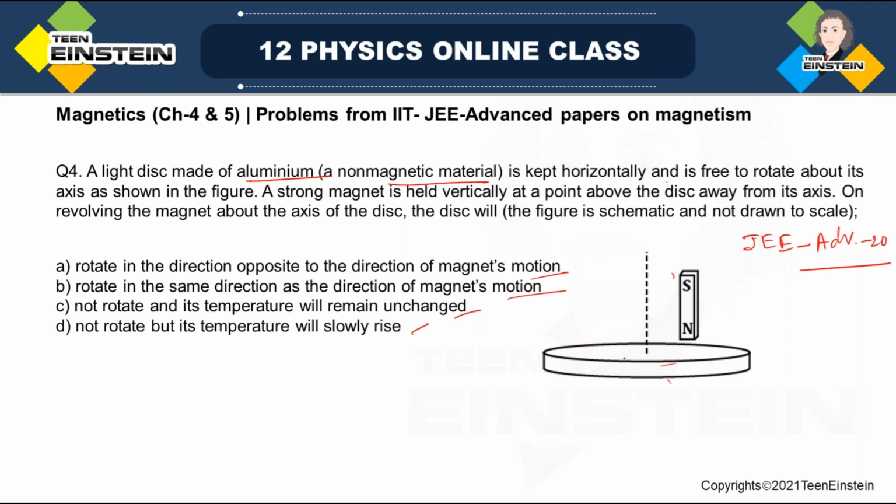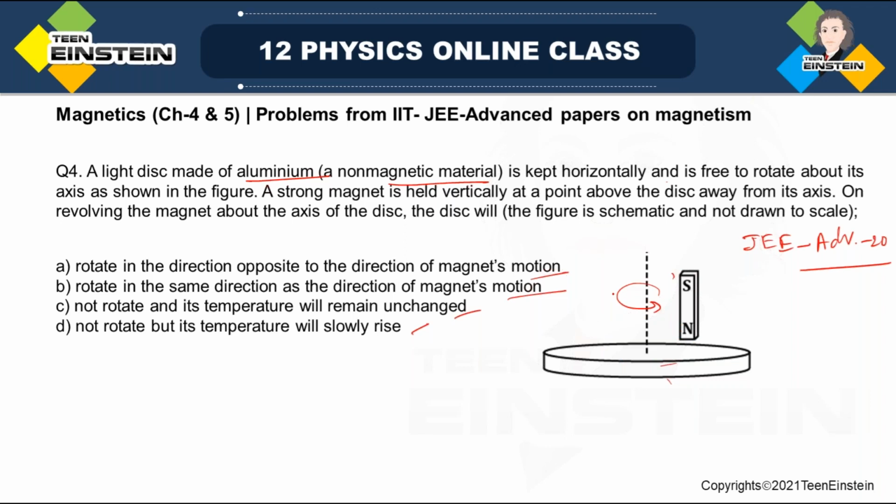So what will happen? See, this disk is actually free to rotate about this axis, and this strong bar magnet is rotated about this axis at various positions, like this.